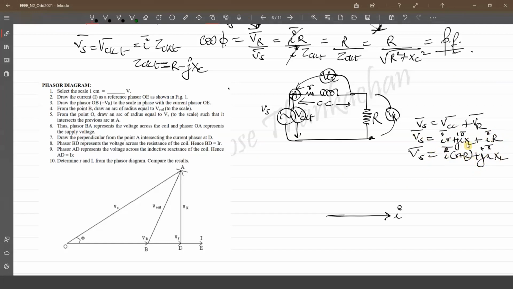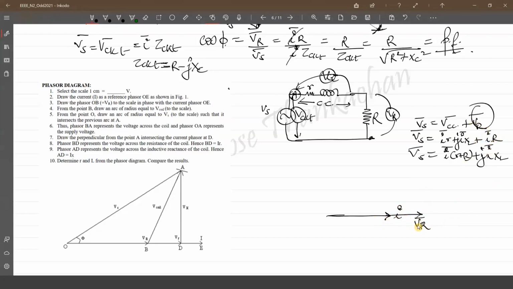So how do we represent this in phasor form? If this is I, then VR is nothing but I into capital R, in the same phase as I, because for a resistor they are in the same phase.